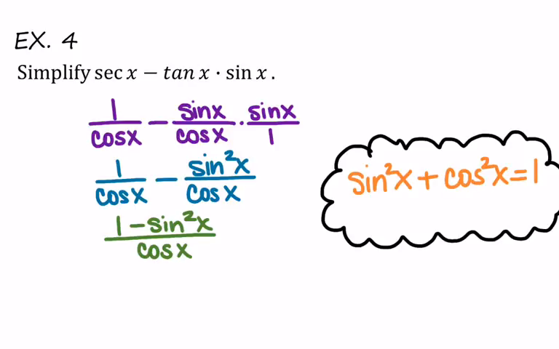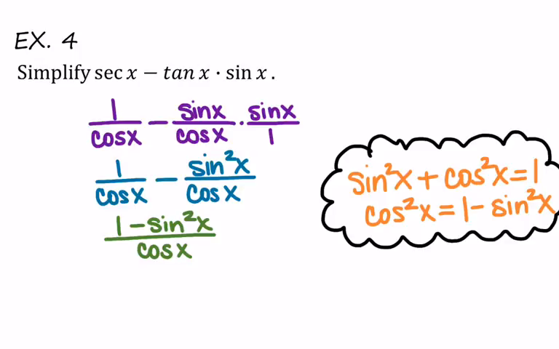So if I subtract sine squared on both sides, this will leave me with cosine squared x equals 1 minus sine squared. So anytime I see a 1 minus sine squared, I could replace it with cosine squared x.